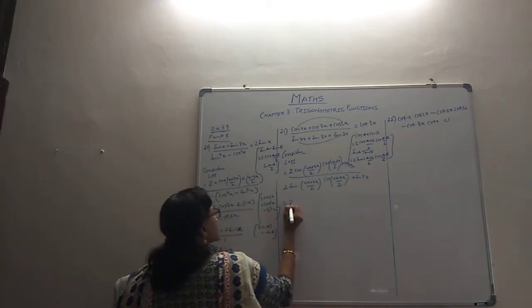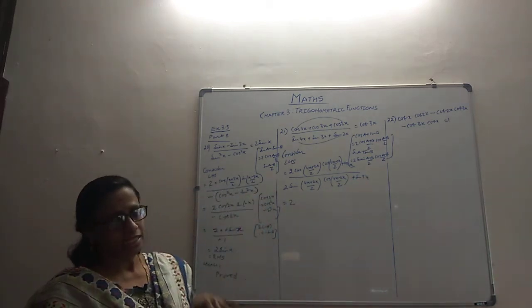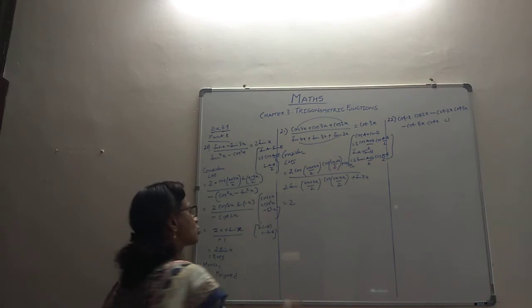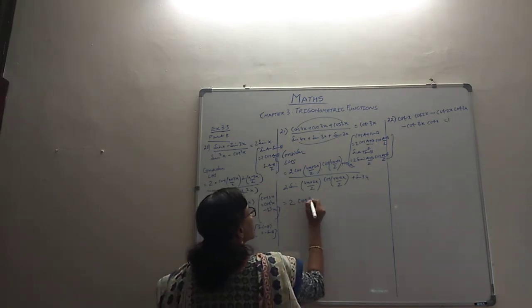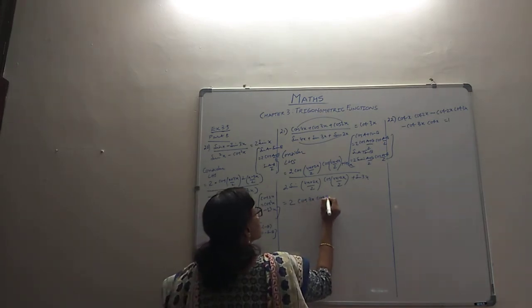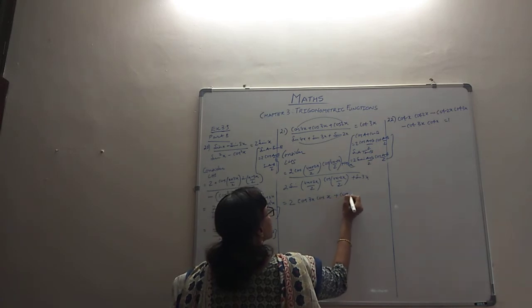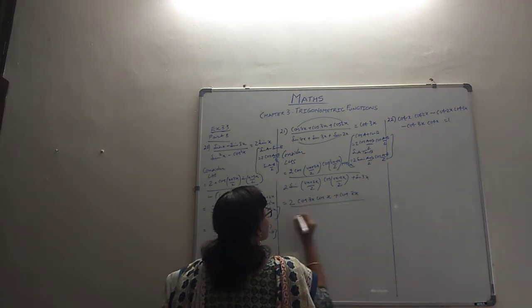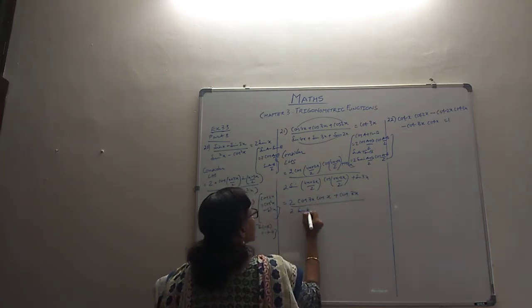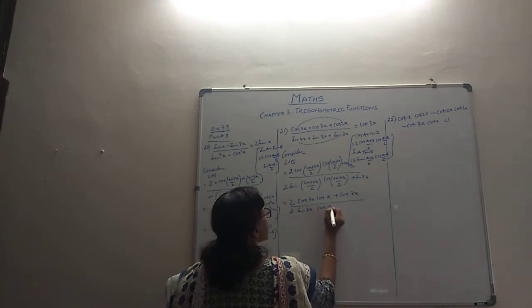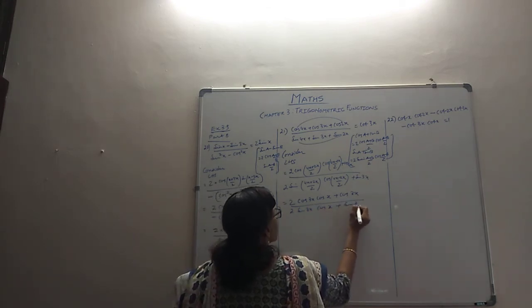So let's see now how this simplifies. 4x plus 2x, it's 6x, 6x by 2, it's 3x. So it's cos 3x. And 2x by 2, so that's x, plus cos 3x. And here also it is 2 sin 3x cos x plus sin 3x.